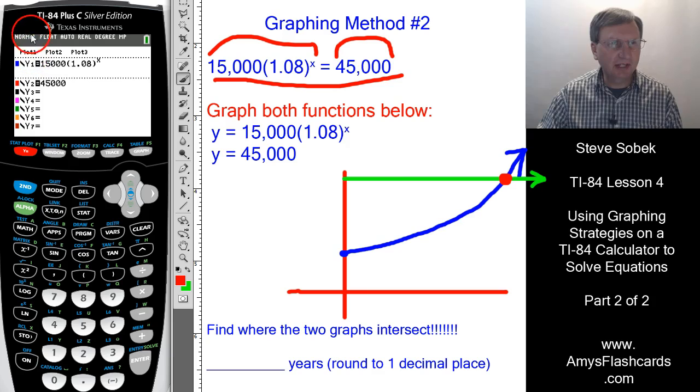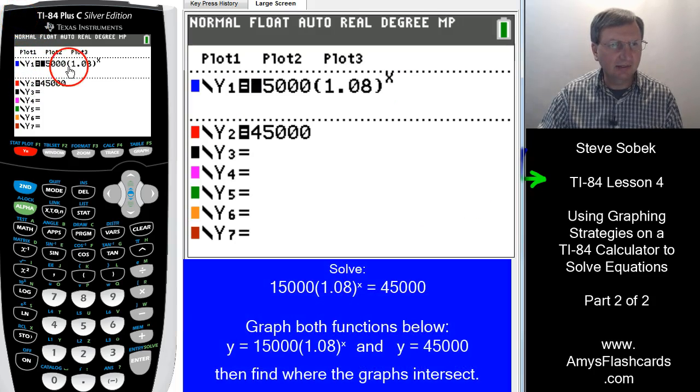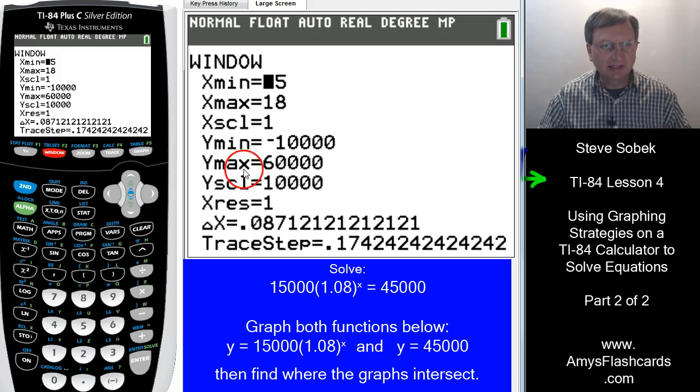So over here on my graphics calculator, you can see that I have the functions already typed in. And my viewing window had to be adjusted, of course, since we want to know when.